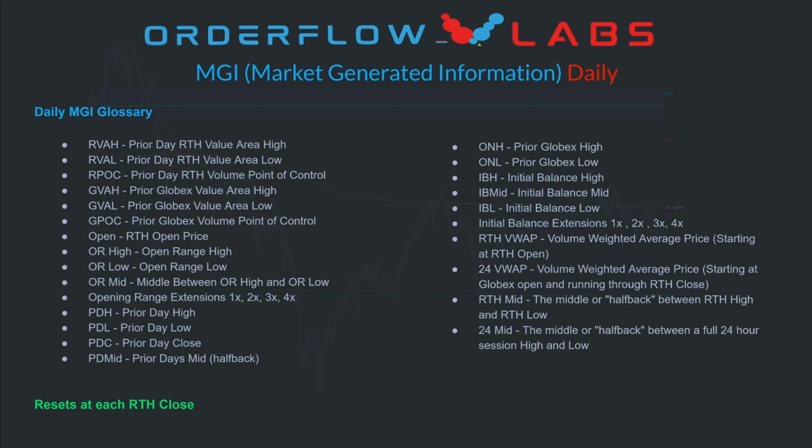Personally, I use prior day high low, prior day close, the opening range, and the opening range mid, prior day mid, and overnight high and overnight low. And then I map the IB high and IB low just as text on the right side of my screen. I also have the VWAP. So I just use a few of them. Those examples are in the OFL chart book.